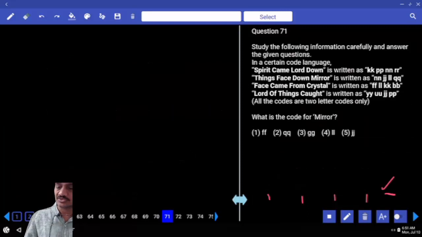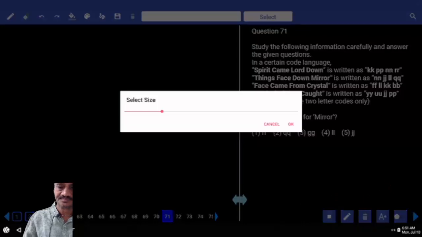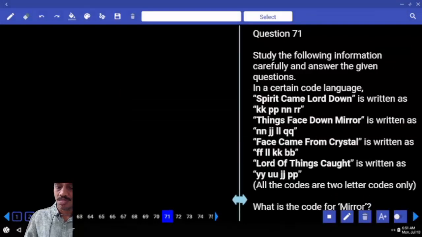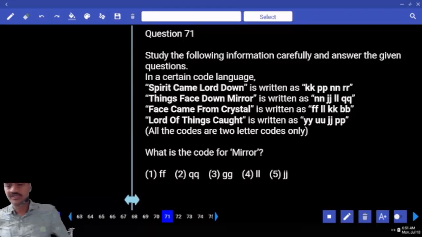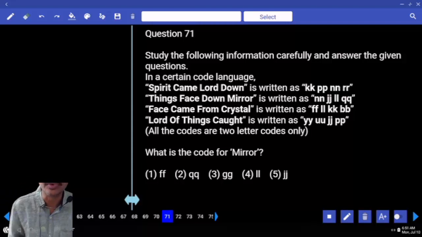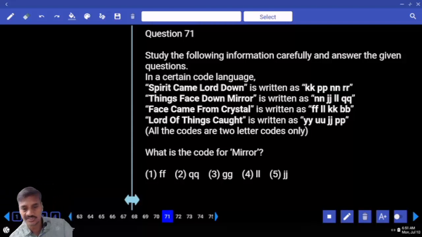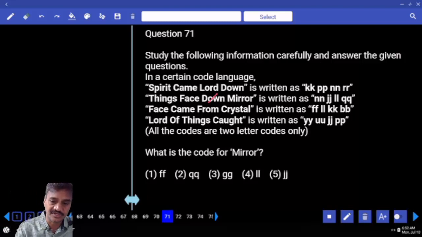Then coming back to this one, 71 to 75. Now here in this one, tell me what is the word that is common here. The word that is common between the first and the second is down.